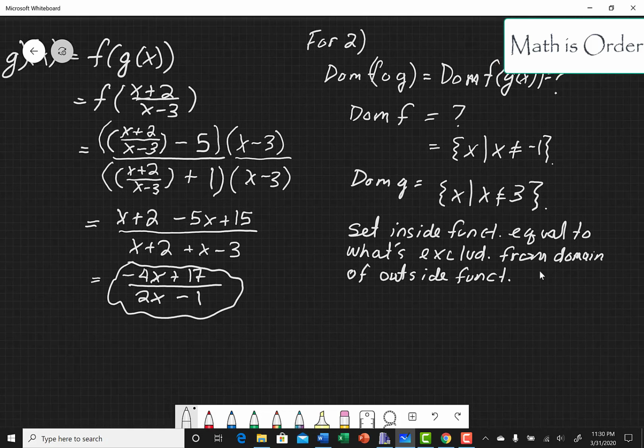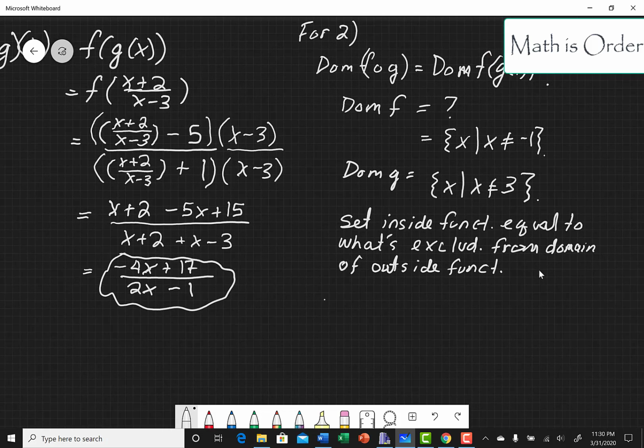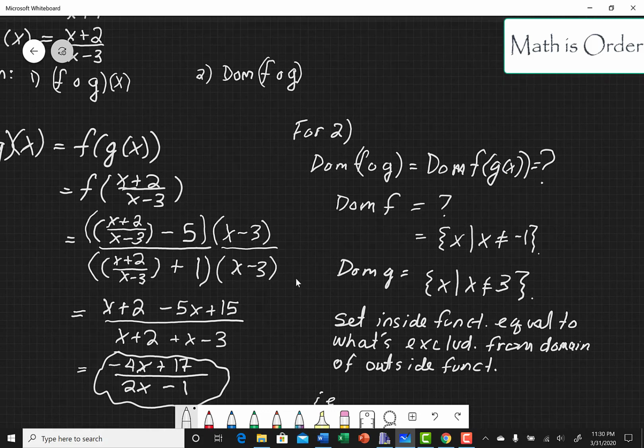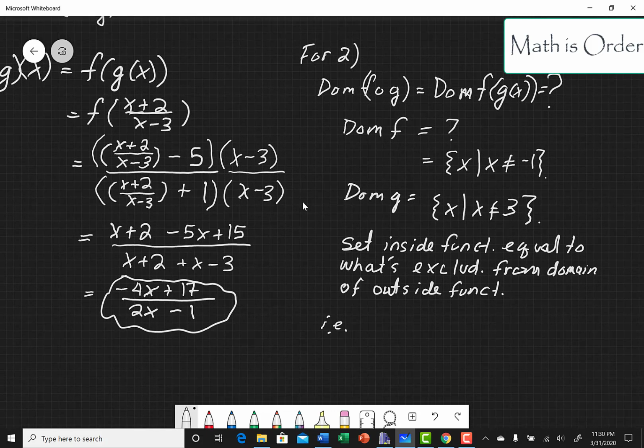That is, the inside function is what? X plus 2 over x minus 3. I'm setting that equal to what's excluded from the domain of the outside function. The thing excluded from the domain of the outside function is negative 1.